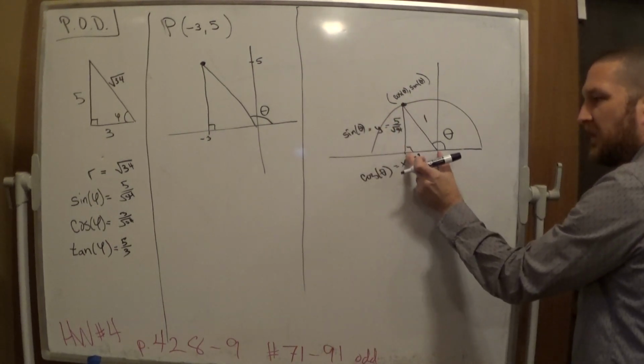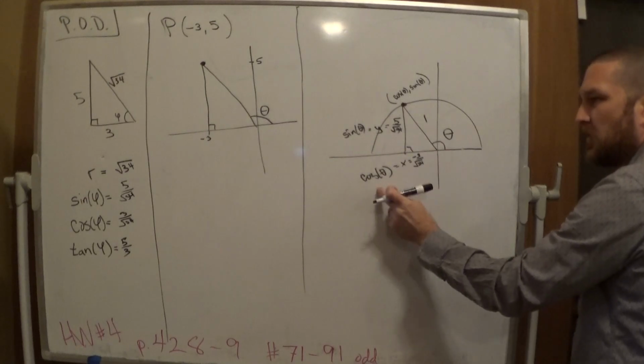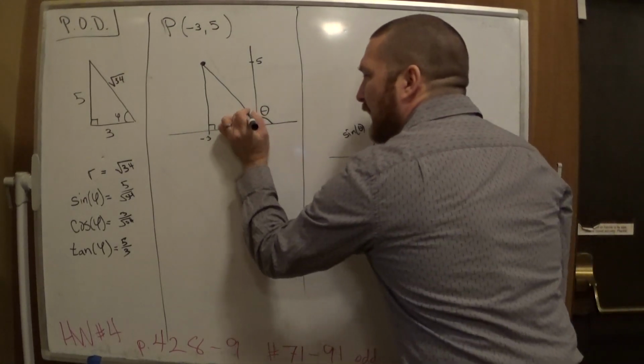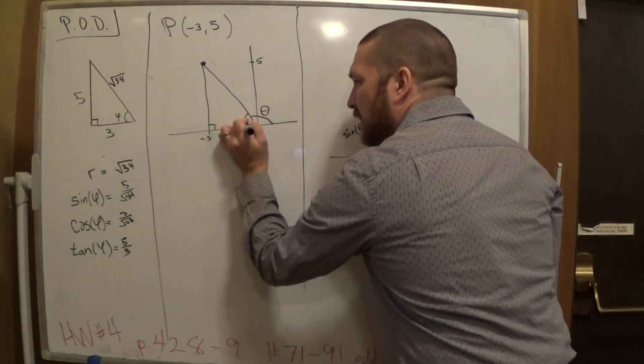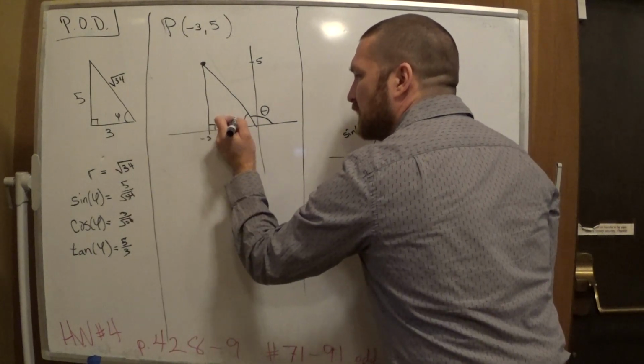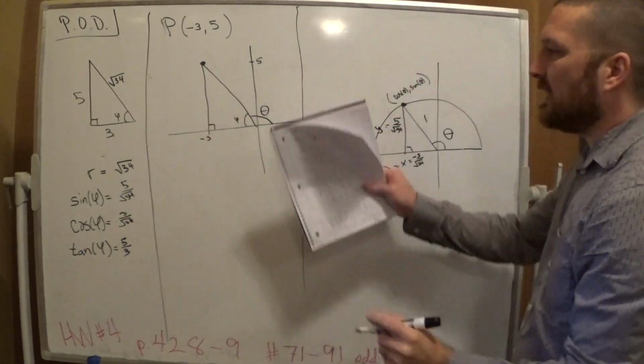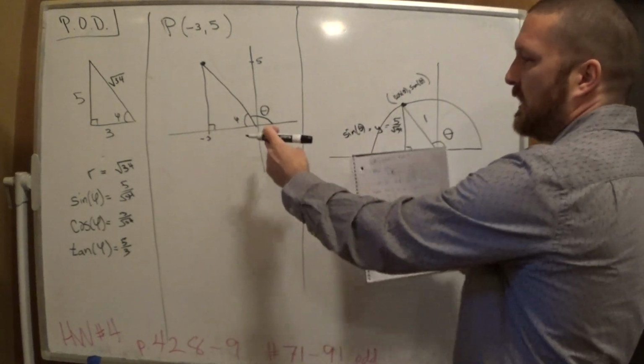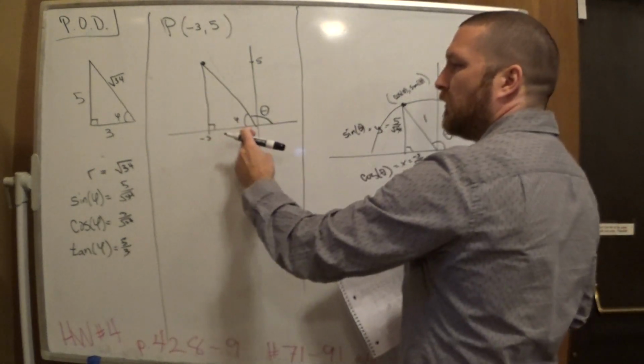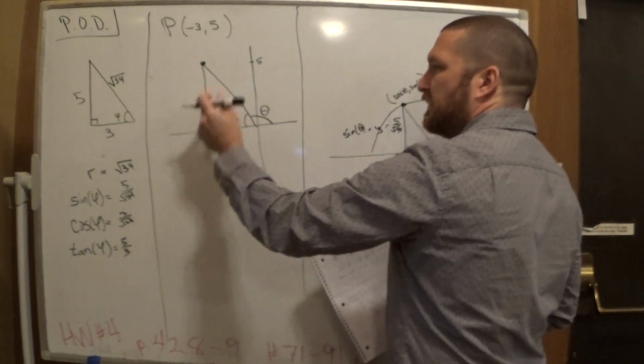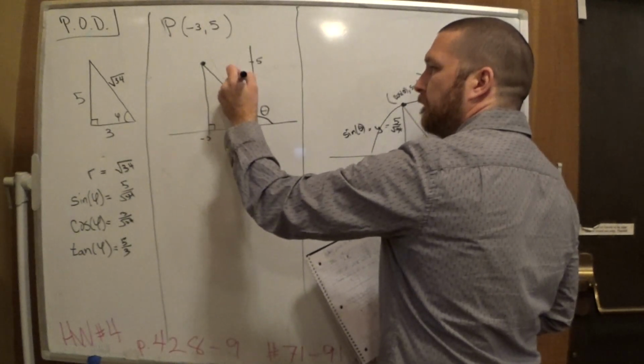All I'm trying to do is find the base here, and that base is cosine. I could treat this like how we had before, this phi right here. I could just forget the larger context and say, well, the same kind of stuff we did before. We know if this is 3, and if this is 5, then this must be root 34.